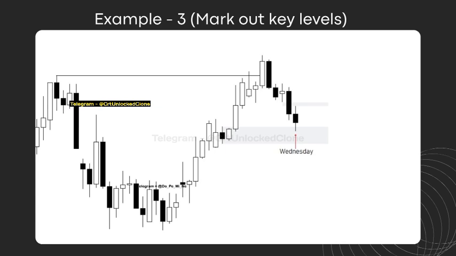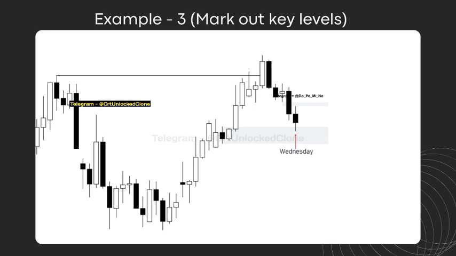What we can see is that Wednesday tested a key level in the form of this order block right here, and we've also formed this new FVG right here, which could be our potential drawn liquidity. This potential drawn liquidity or opposing key level is also Wednesday's candle high, which aligns with this FVG. So on Thursday and Friday, we're going to expect price to go higher and reach that drawn liquidity in the form of the FVG.